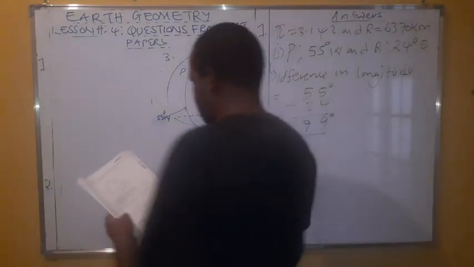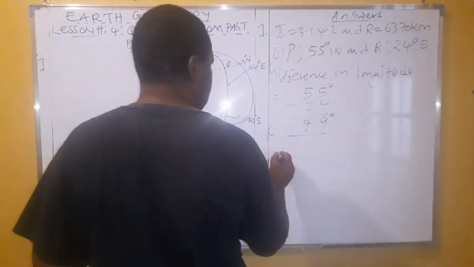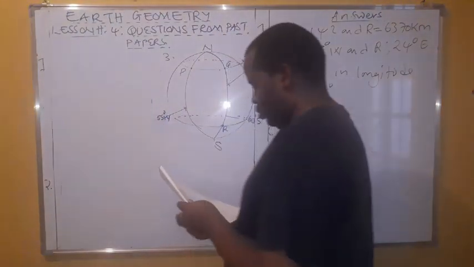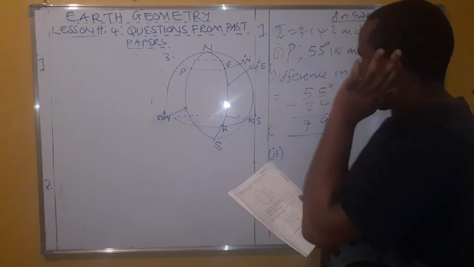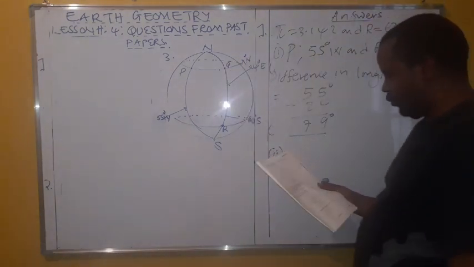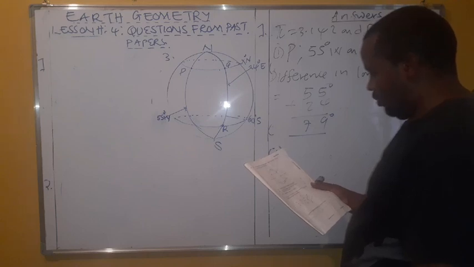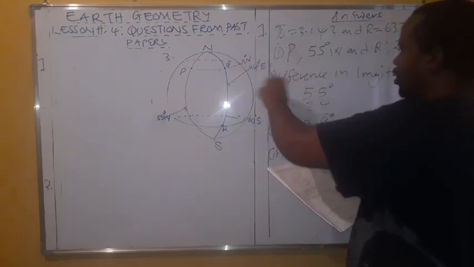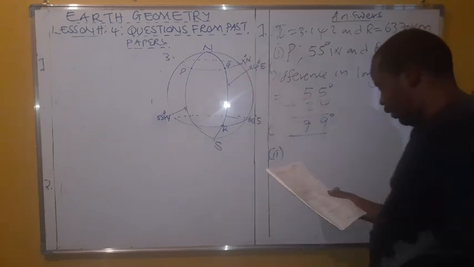For Roman numeral 2, given that the distance between P and Q on latitude x degrees north, so the latitude here is unknown, it is x degrees north.